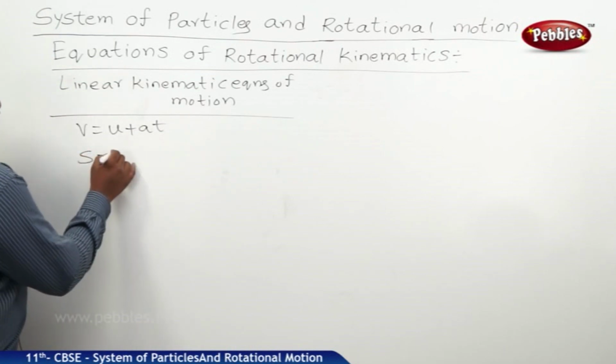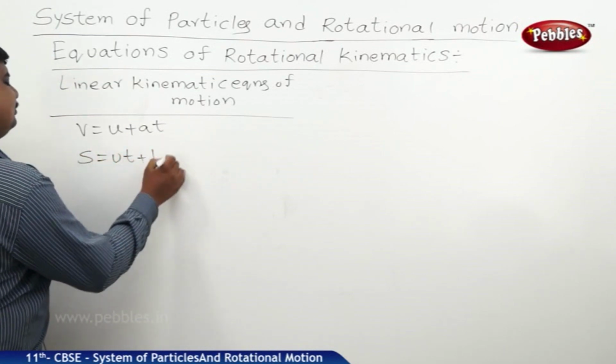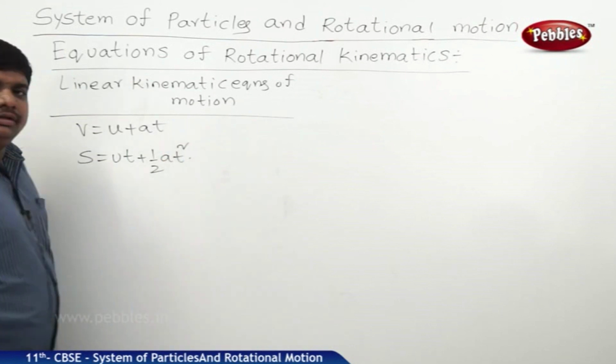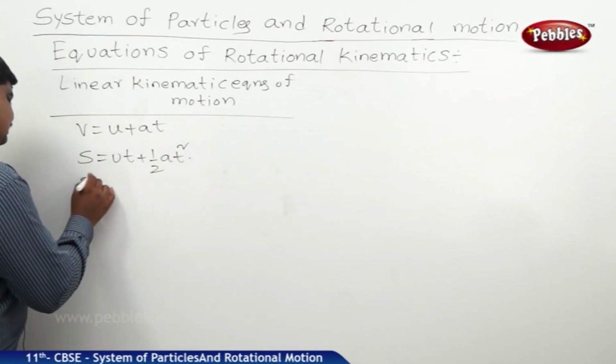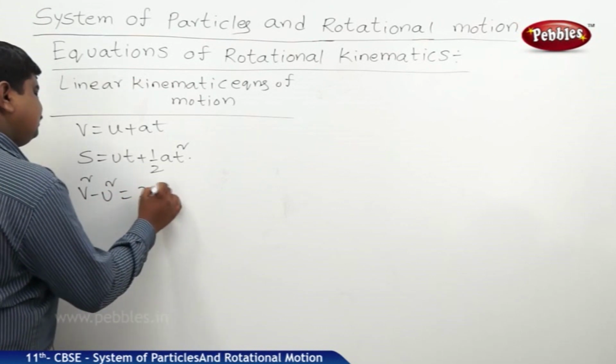Second one is S is equal to UT plus half AT square. Third equation is V square minus U square is equal to 2AS.